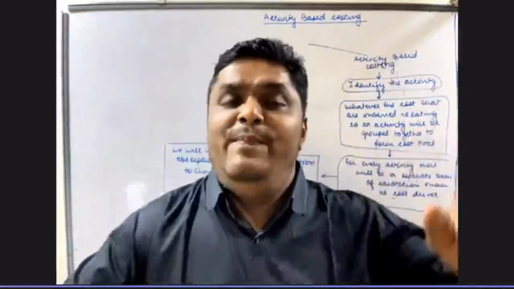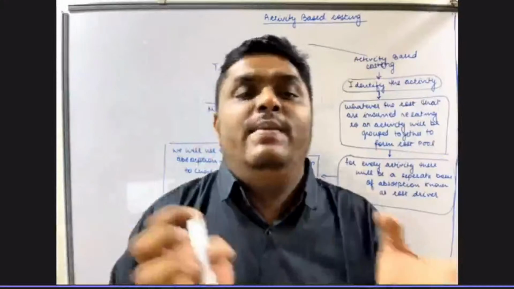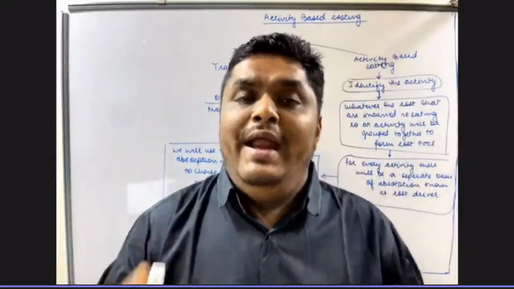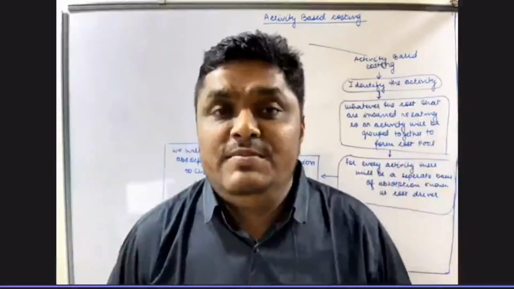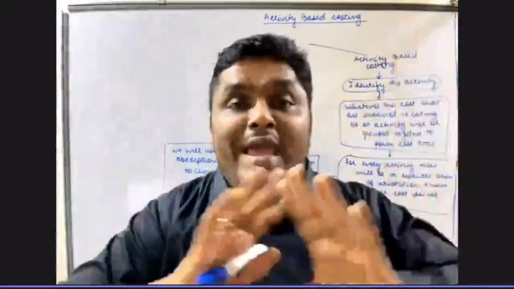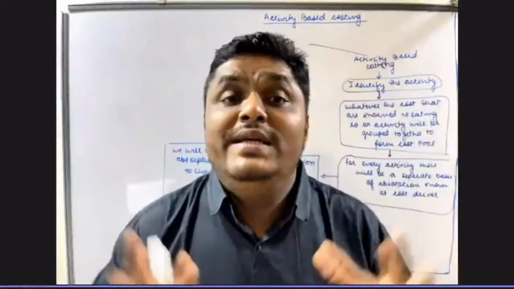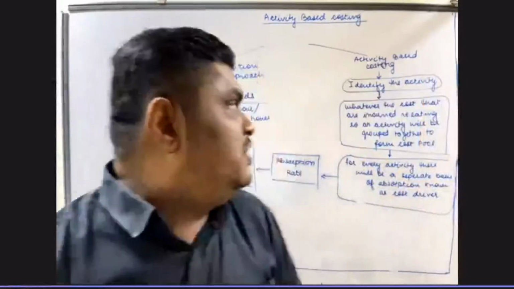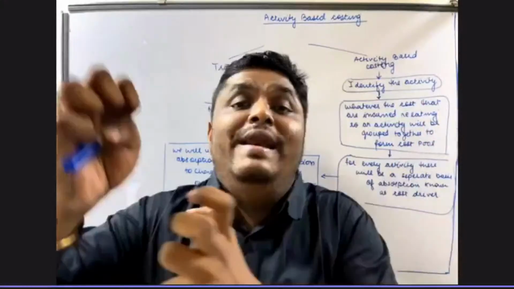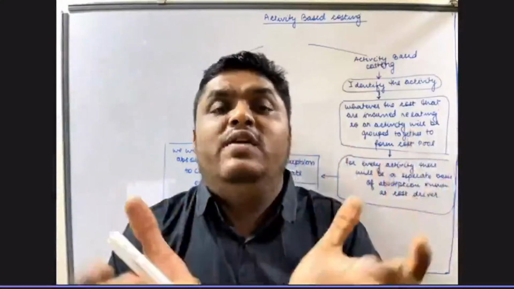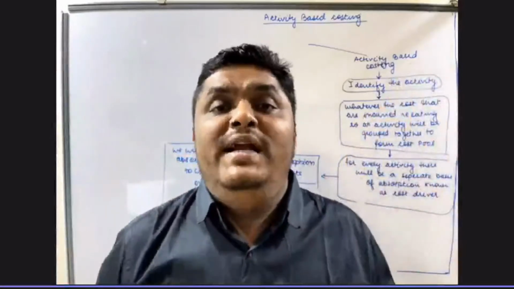Traditional costing was very simple: whatever overheads there are, divide them by either machine hours or labor hours to calculate the absorption rate, and that absorption rate was used to charge the overheads. But in activity-based costing, there are various steps involved, wherein we cannot absorb all overheads on a single basis. Herein, we first identify the activities in the organization. Thereafter, whatever costs are incurred relating to that activity will be grouped together to form a cost pool. Now, for every activity, there will be a separate basis of absorption.